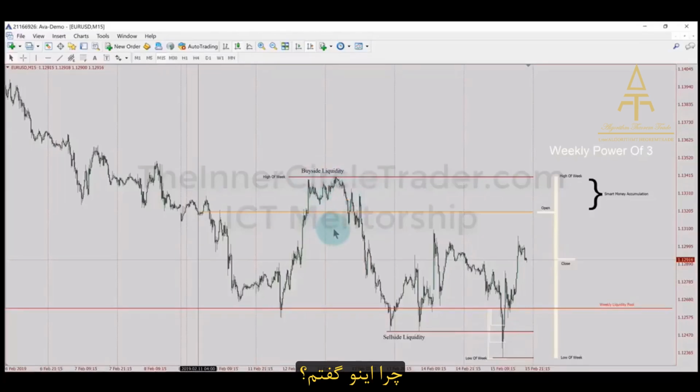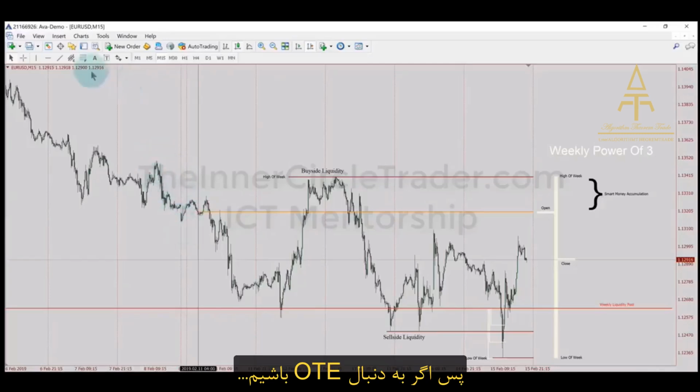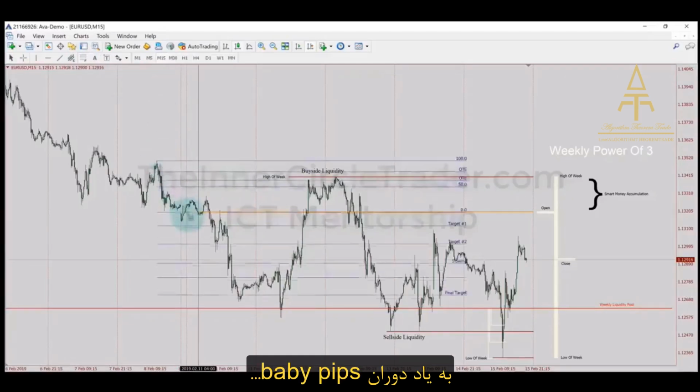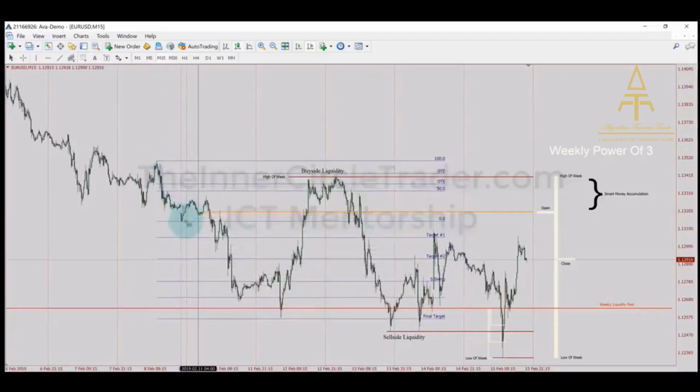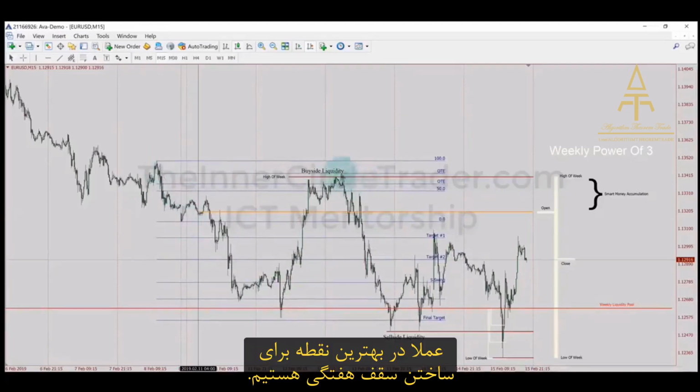Why would I say that? Well, we have equal highs in here. We have a high and a low, so there's a range in there. So if we just look for simple optimal trade entries, go back to baby pip days, low to high, we're basically at the sweet spot, creating the high of the week.